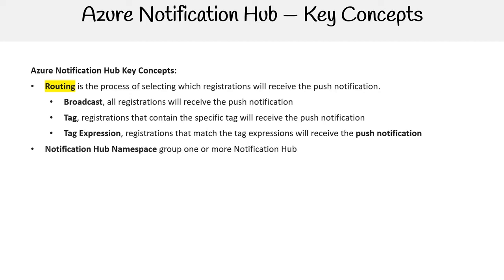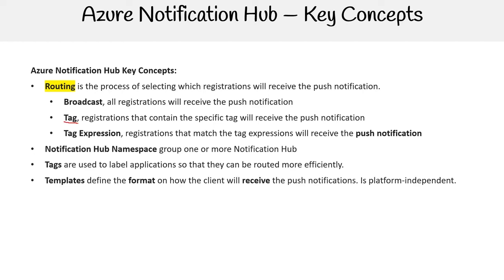There's the notification hub namespace, so you have to create a group of one or more notification hubs in order to send stuff out. Tags are used to label applications so that they can be routed more efficiently, which is what we were talking about here just a moment ago about tag and tag expressions. You have templates. These define the format on how the client will receive the push notification, and it's platform specific. Okay.